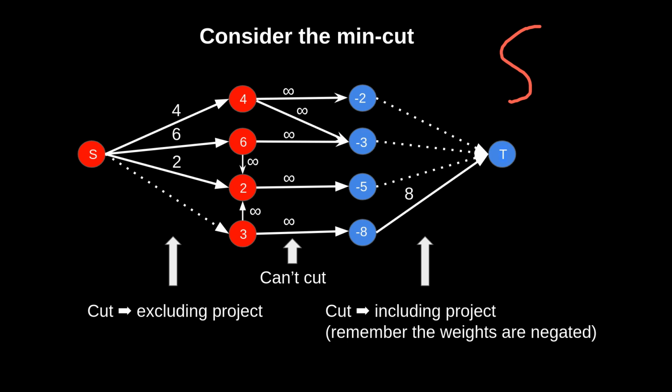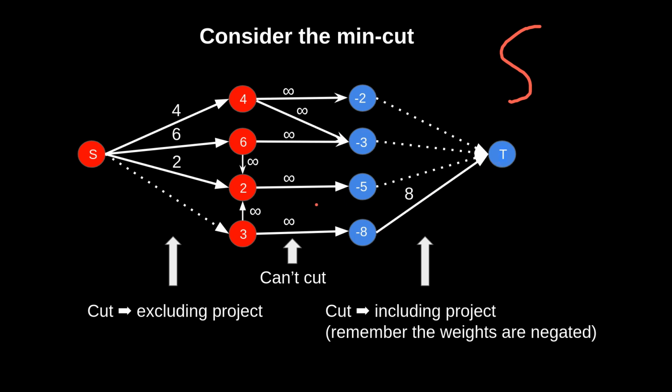And eventually we get down the line where we have a negative project that we have not cut, i.e. we have not cut this edge. And since cutting this edge represents including a project, this edge existing, us having a path to the sink, actually represents this project not being in our set.